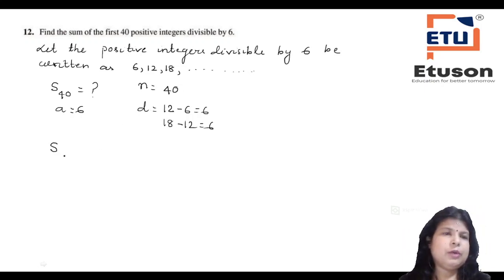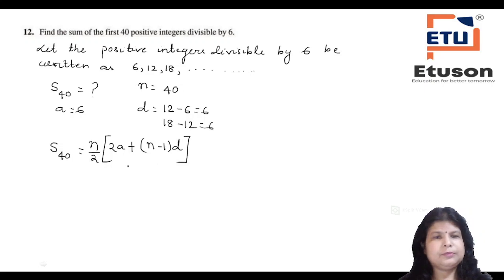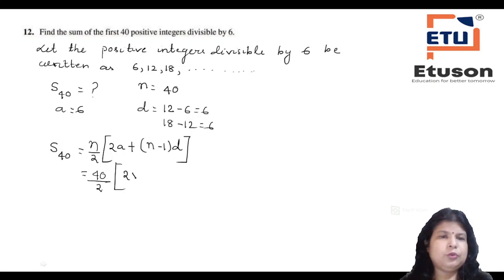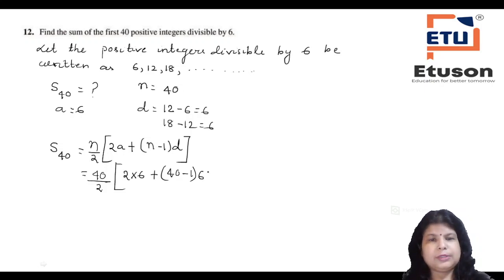So what will be the summation? What's the formula? It is n by 2, 2a plus n minus 1 into d. Right? So let us substitute the corresponding values. So you have 40 by 2, 2 into 6 plus 40 minus 1 into 6.